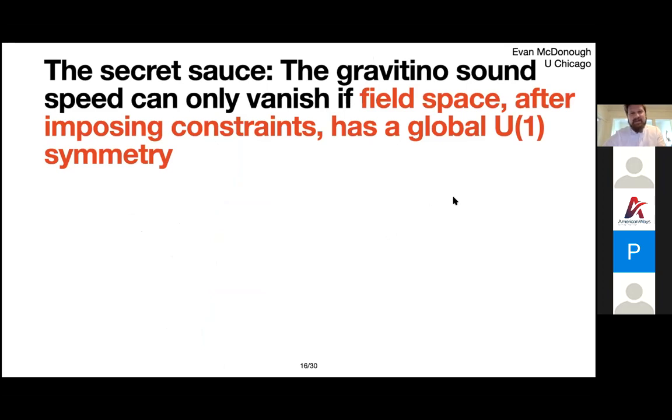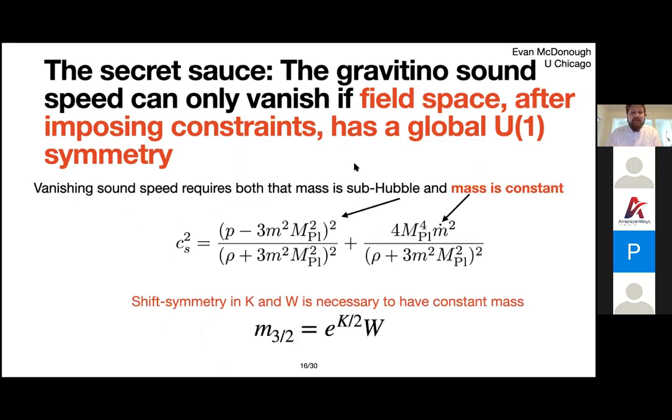I'll emphasize, even in these simple models, what is the feature that makes this happen? In large part, it's the fact that the field space itself has a global U(1) symmetry, which makes the gravitino mass identically constant. There's a shift symmetry in K and W that's necessary to get m_3/2 to be constant. I mentioned there are many ways you could express the sound speed.